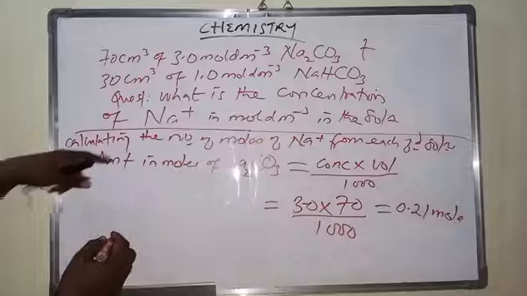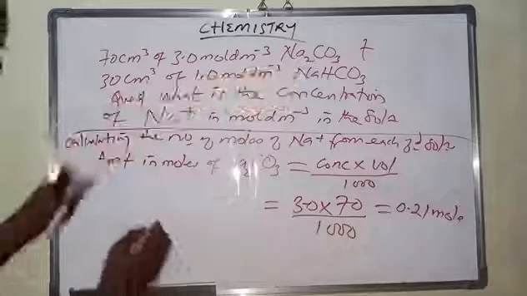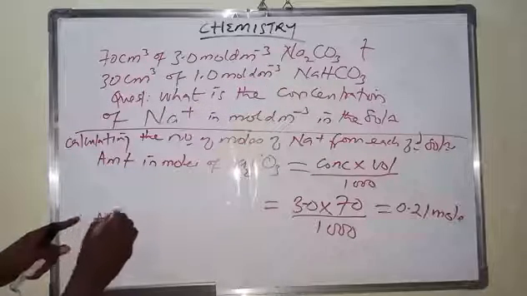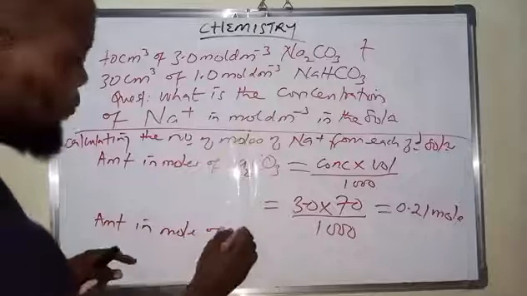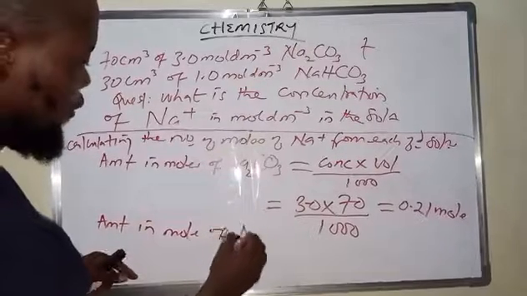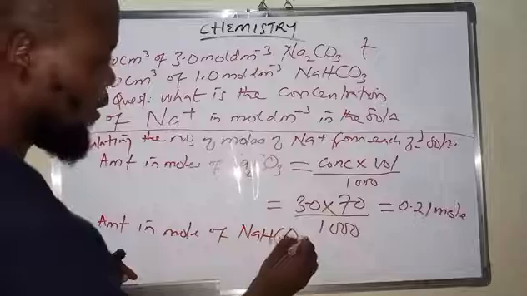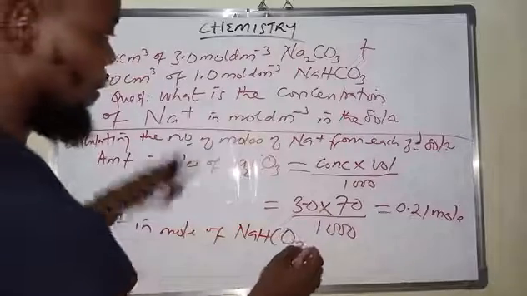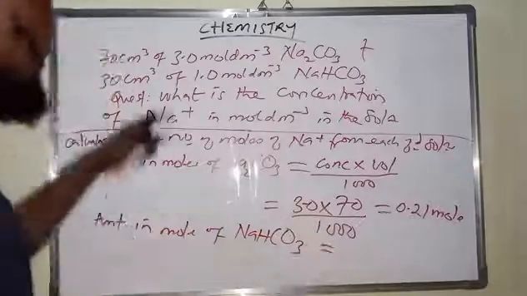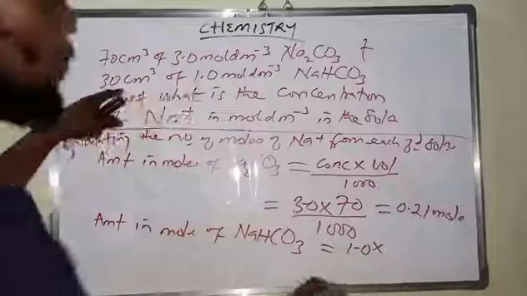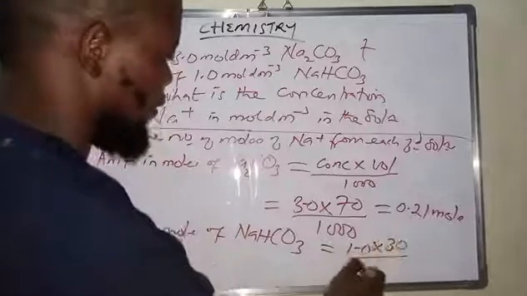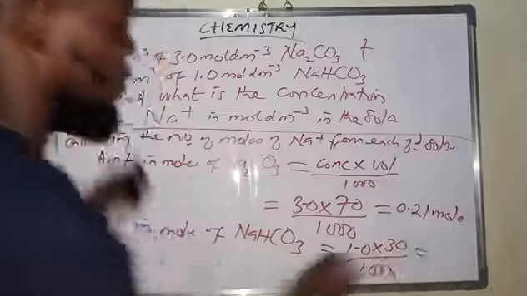Similarly, we do the same for this. The amount in moles of this sodium bicarbonate in the given solution will be the concentration, 1.0, multiplied by the volume, 30, divided by 1000.